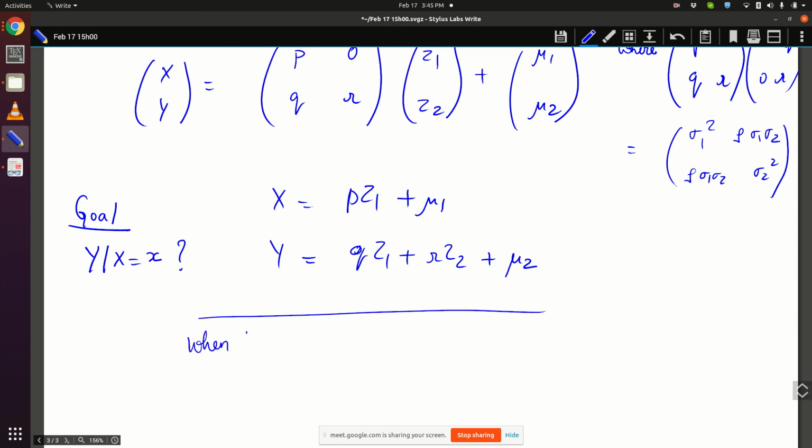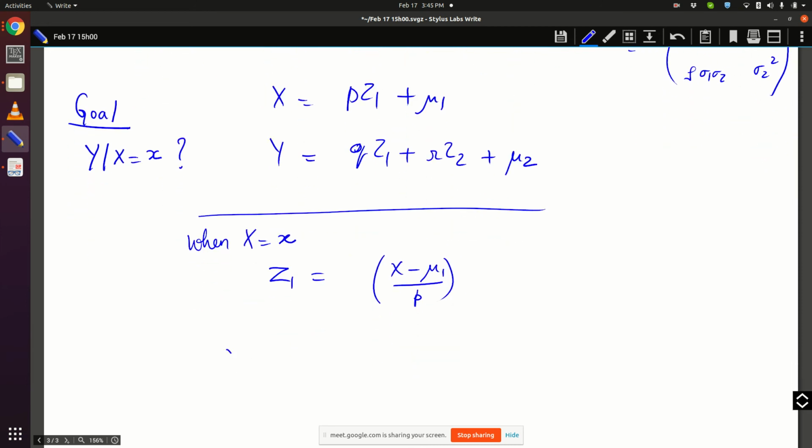It is x minus mu1 by p. So this is what we have as z1. And y we can write as q times x minus mu1 by p, because z1 is this, plus r times z2, plus mu2.